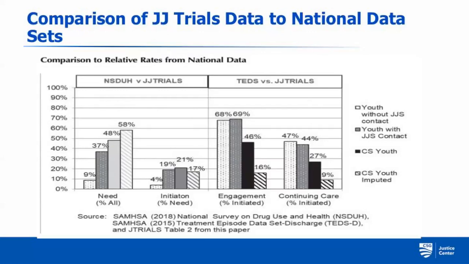So essentially, this comparison compares the National Household Survey data with JJ trial data, and then it compares the TEDS data with JJ trial data. Again, the focus here is to really illustrate how valid this approach is, and how much the counties we did our study in were representative of the whole.